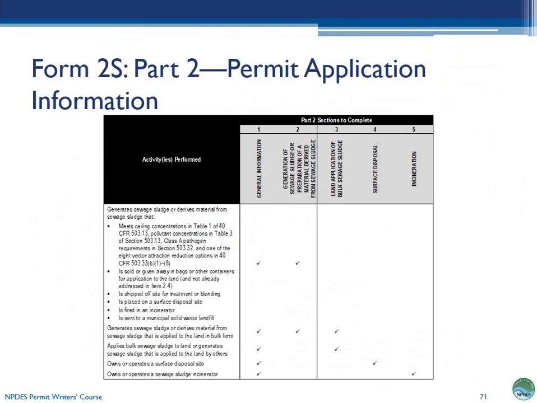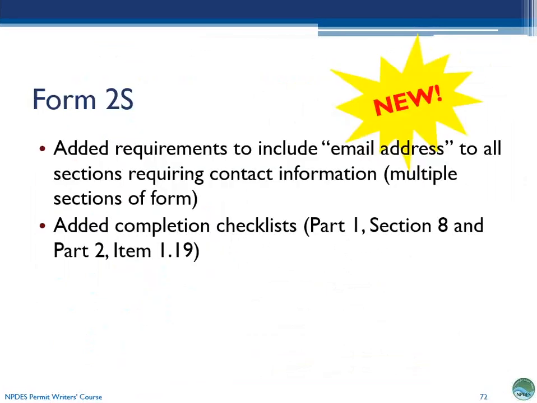The exhibit on this slide, which is duplicated from Exhibit 2S2 of the Form 2S General Instructions, identifies the sections that are required to be completed for each activity. For example, if your facility generates sewage sludge or derives material from sewage sludge that is applied to the land in bulk form, you would need to complete Part 2, Sections 1, 2, and 3.